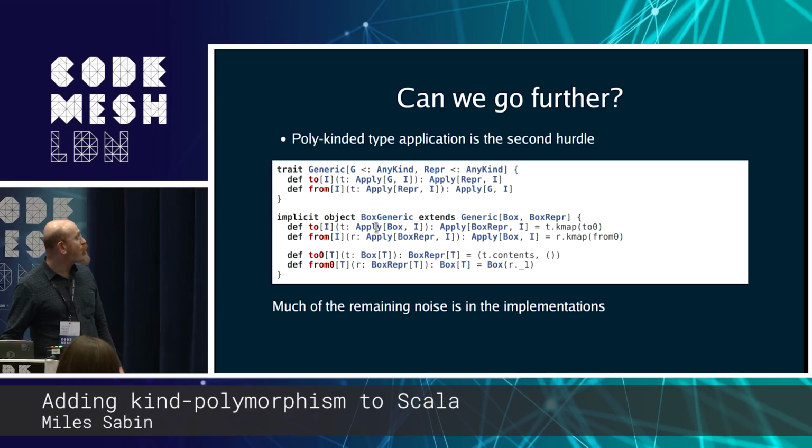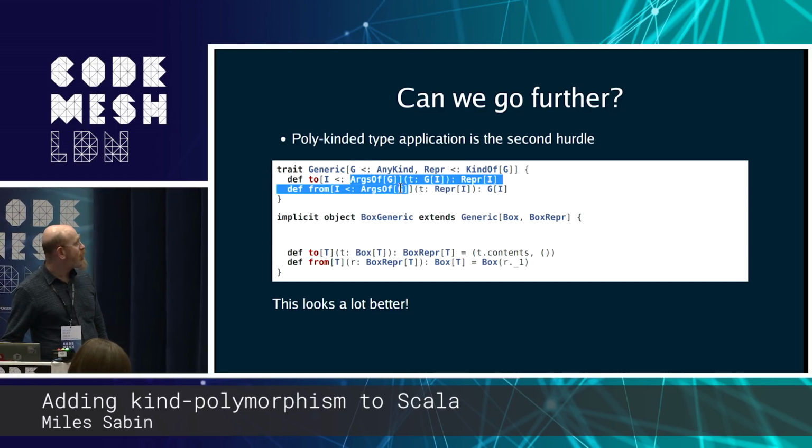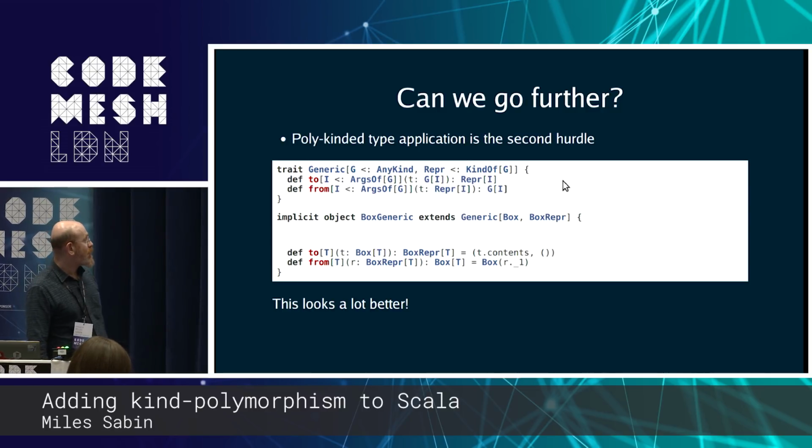So the hope would be that by supporting polykinded application, we could make this stuff go away and also simplify these signatures. So the idea would be to have some way of modeling constraints on type parameters in terms of kinds.